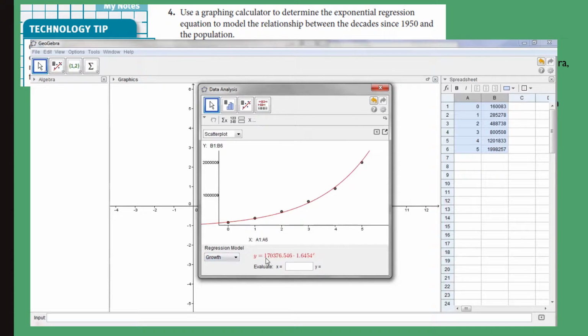And that's going to show us the equation right here. And the book says that the calculator gives us A and B, and that's what these are right here. So this is A, so approximately 170,377, and B is approximately 1.645. So we can fill that in on the book.